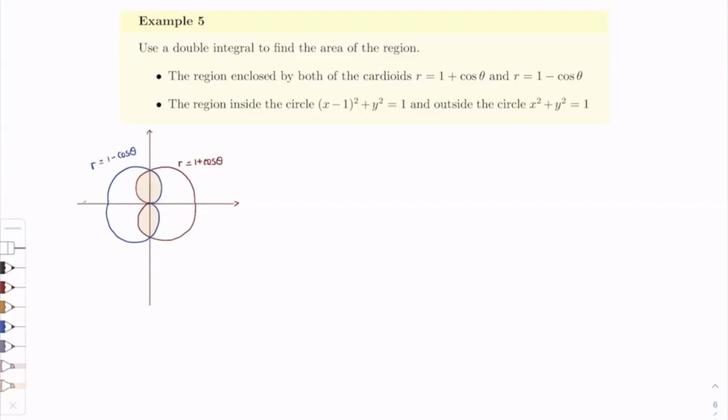So the highlighted part, this part and this part, are the areas you need to calculate.